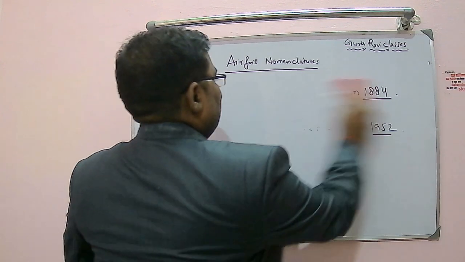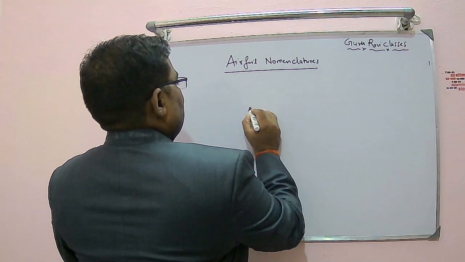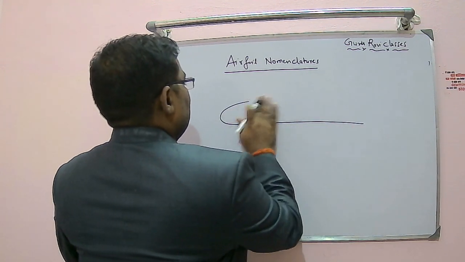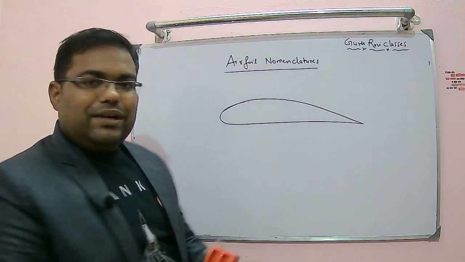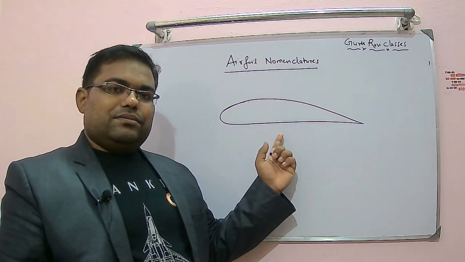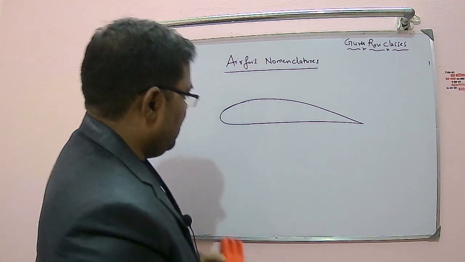So let's start with the airfoil. If I draw it, it will look like this. So this is an airfoil. If we look at the shape, the top surface has more curvature compared to the bottom surface. The bottom surface is almost flat, and the top surface is more curved.